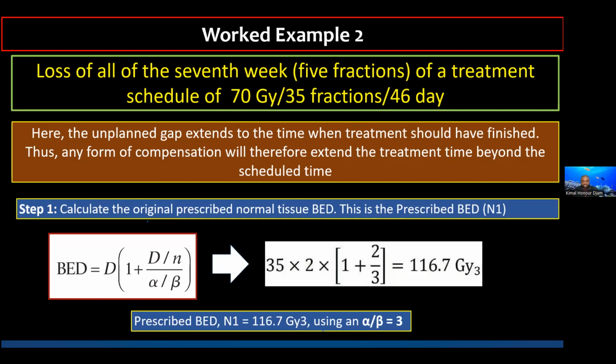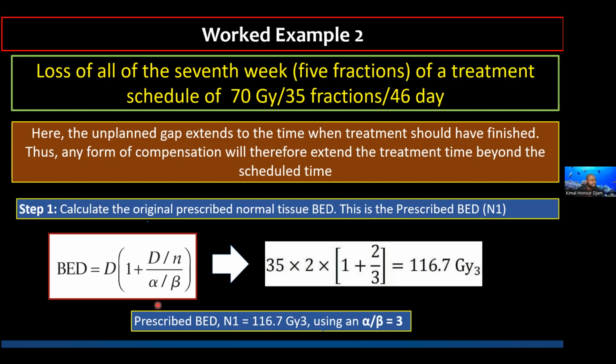And so the treatment schedule in this case is still 70 gray in 35 fractions over 46 days. And the gap occurred throughout the entire 7th week, creating a need to extend the treatment schedule beyond the initially prescribed 46 days, which in turn necessitates the use of calculations to determine how much normal tissue BED is still to be given after the gap.